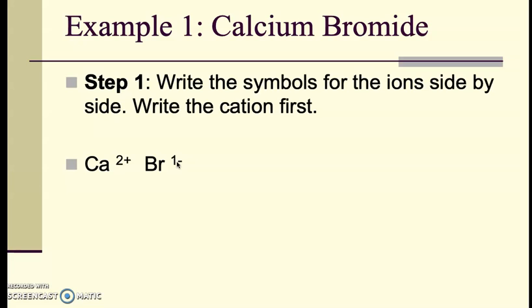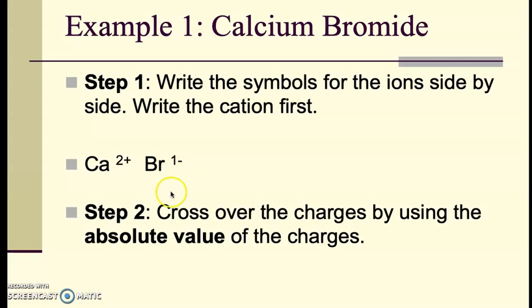Step 2 is cross over the charges using the absolute value of the charges. In this case, we take the 2 and crisscross it over, and this one here, crisscross it over to there. We cross over just the numbers, not the actual charges. They stay out of it.